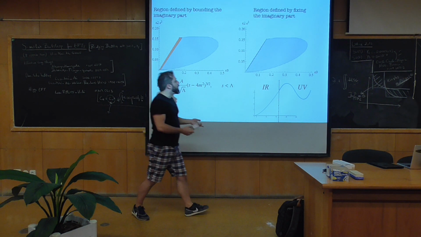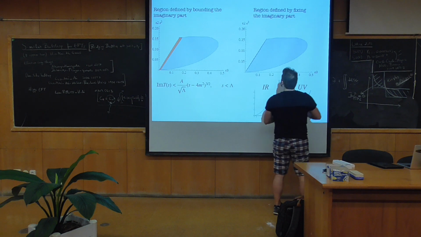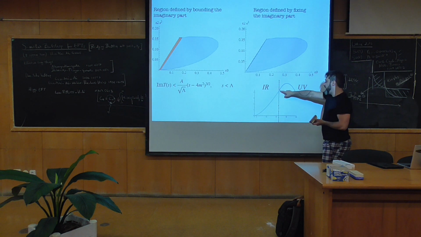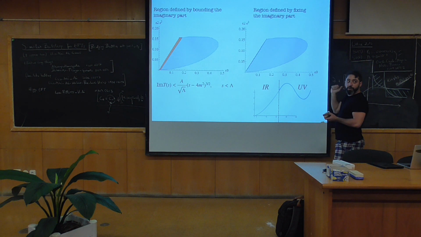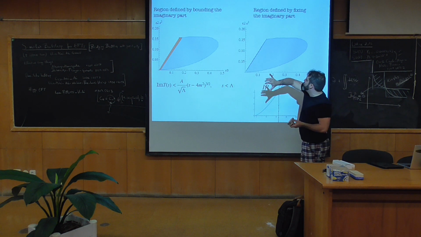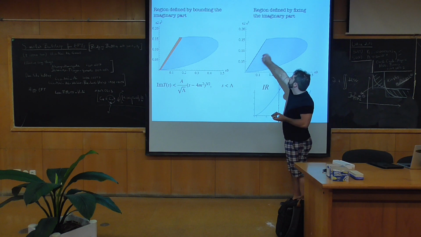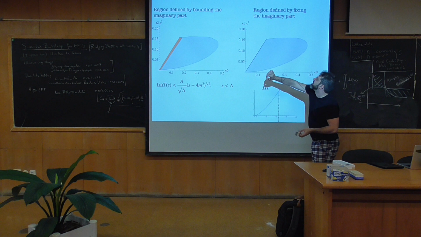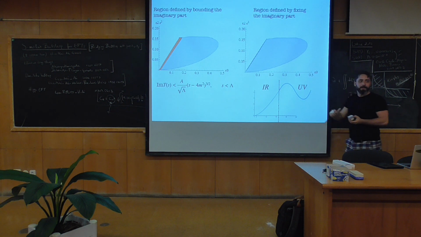And then the most restrictive one is really the one where we fix the imaginary part. So we really fix it, okay, up to some cutoff, and then we let it fluctuate. And that region really squeezes to a line that is not a line but can be rescaled and rotated. It's just a very squeezed region. Okay?